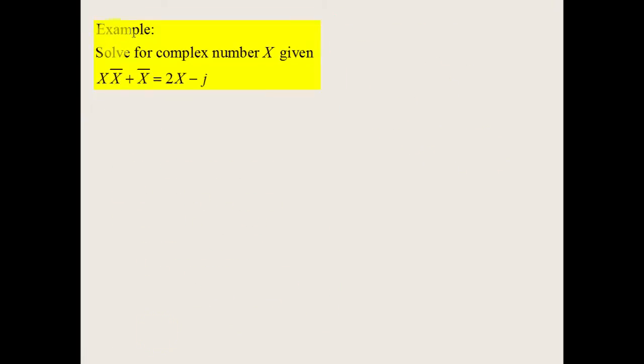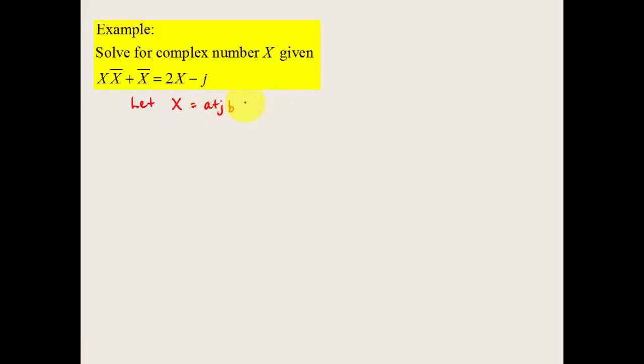In this example, we have to solve for complex number x given this equation. In this equation, we have x and we also have conjugate of x. In an equation such as this, where the unknown complex number x exists alongside its conjugate, we have to solve it by letting the complex number x be a plus jb, where a and b are two real numbers whose values we have to find.